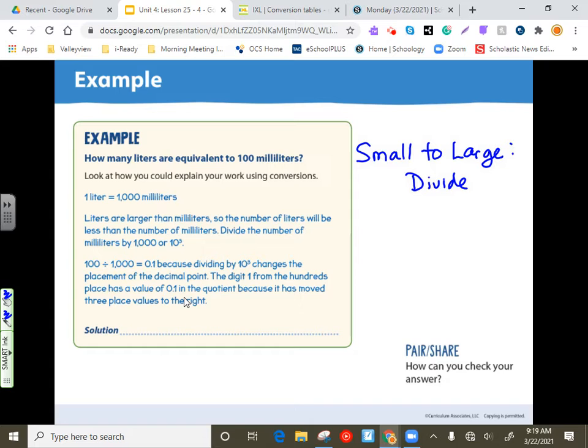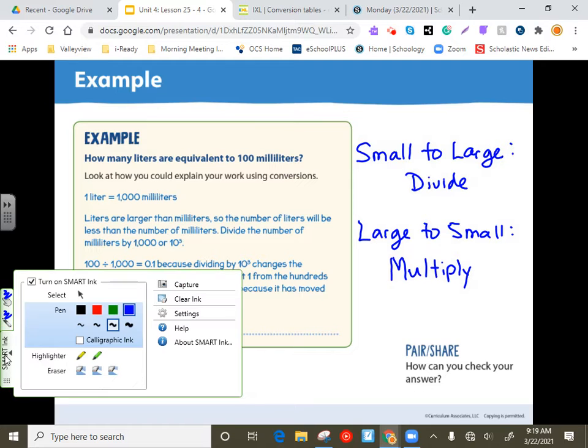And if we're changing from large to small, we will multiply. And honestly, with this stuff, the more you practice it, the easier it is to remember. But this is a nice visual reminder, and we can use that space just to glance at as we go. So just keep those two in mind as we go.